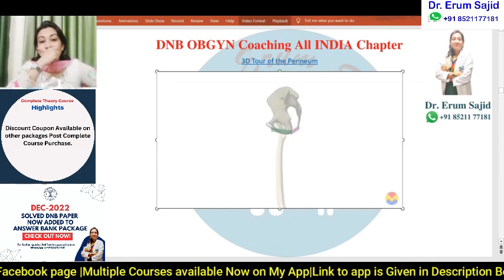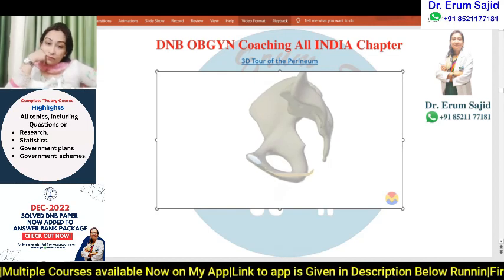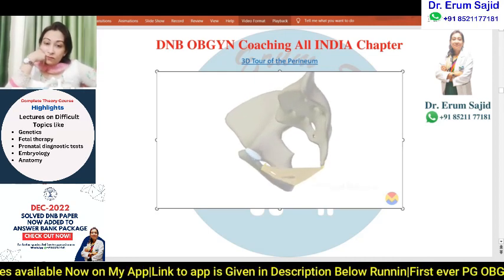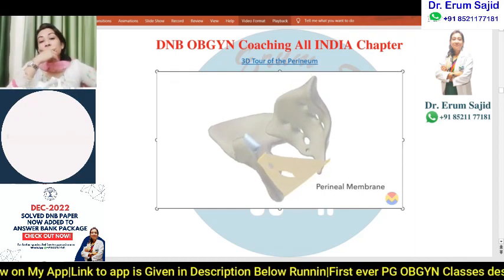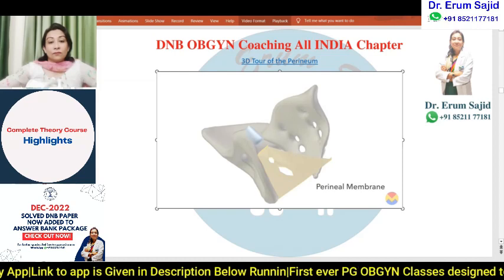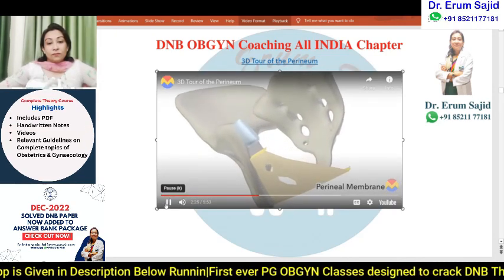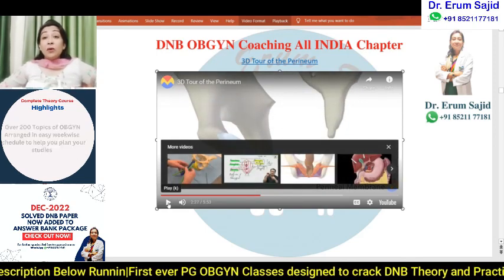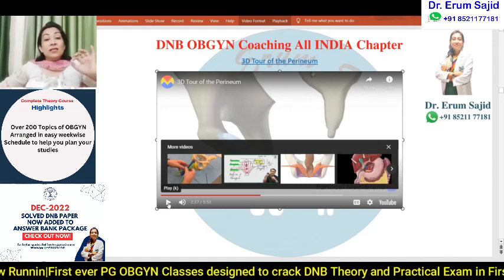Returning now to an inferior view. The urogenital triangle contains a fibrous sheet called the perineal membrane, oriented like so. Just be very careful about this perineal membrane, because it's a very important landmark, and we'll be discussing it further.